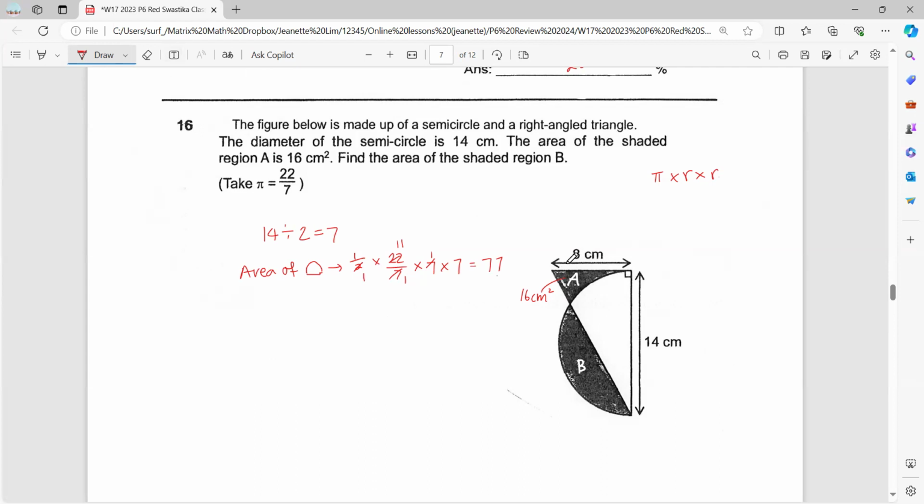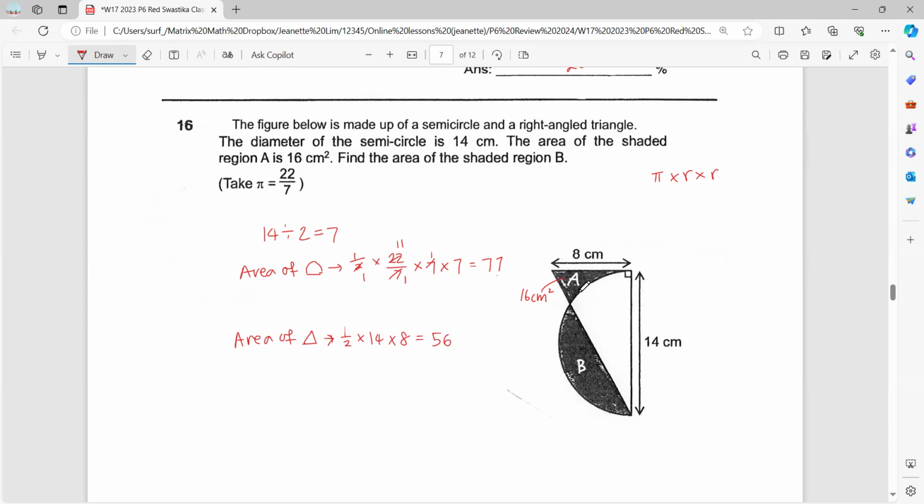Next, I need to find area of the triangle. Half times base times height. So half times 14 times 8. Half of 14 is 7. 7 times 8 is 56.